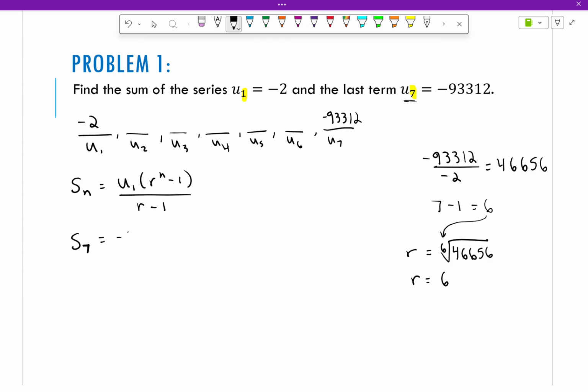So the first term is -2, parentheses. We know that r is 6, n is 7 because there are 7 total terms, minus 1, all over 6 minus 1. So 6 take away 1 on the bottom is going to give us 5.